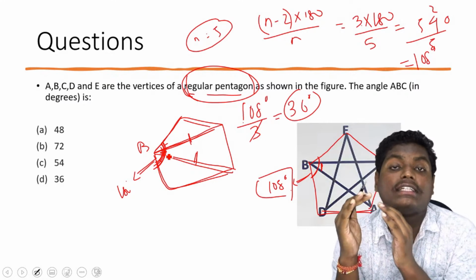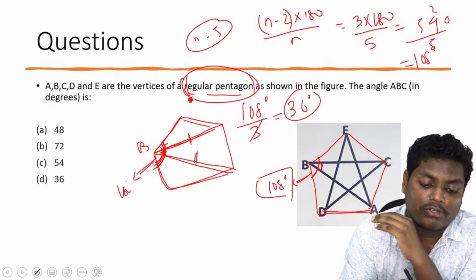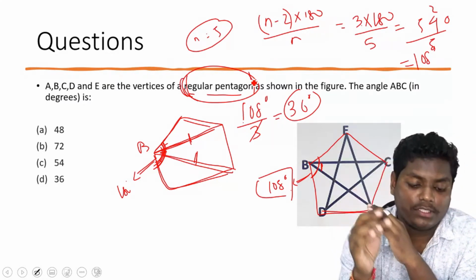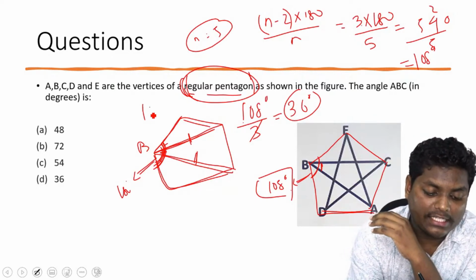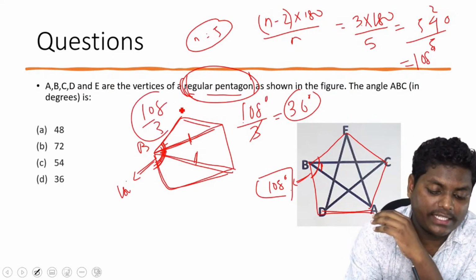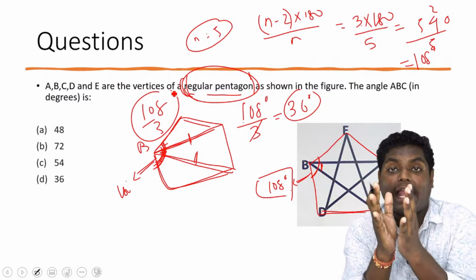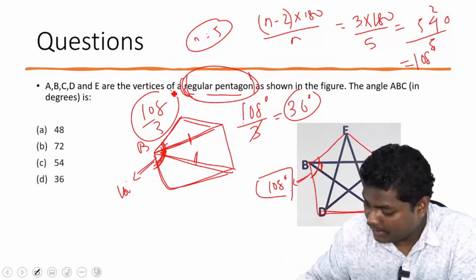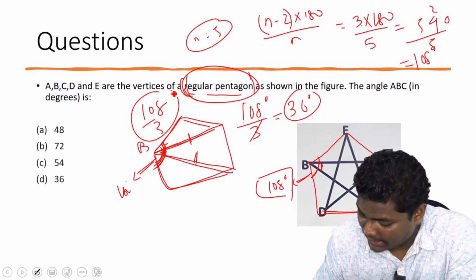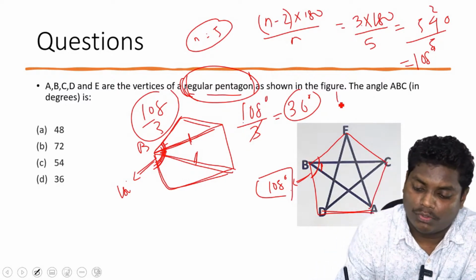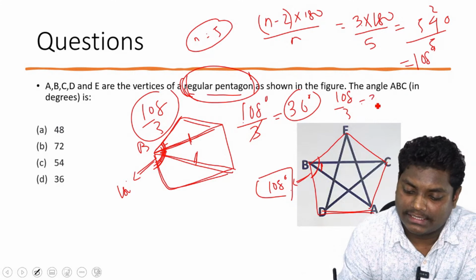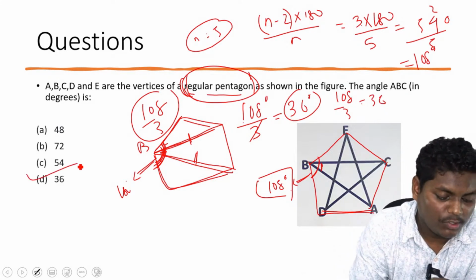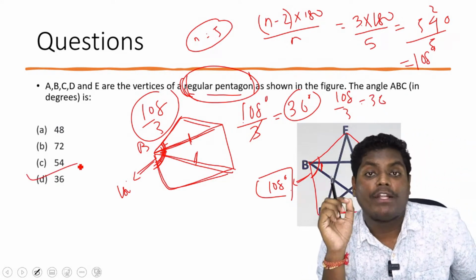Since in a regular pentagon all the diagonals are equal, the same angle will be created between them, so it will be 36. Great, it's 36, so 108 upon 3 is 36. Option D. Now moving to the next question.